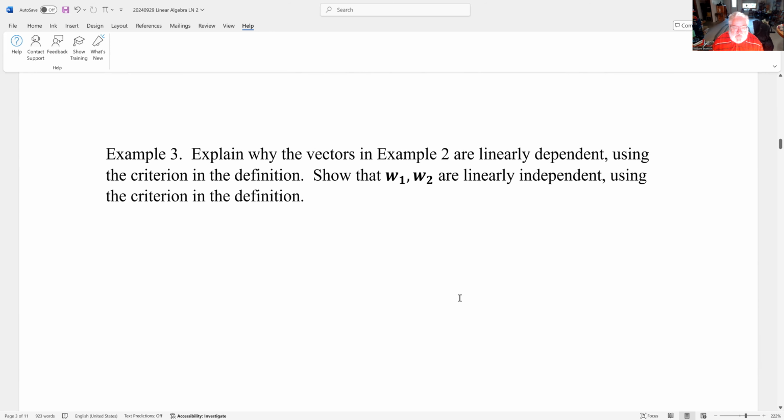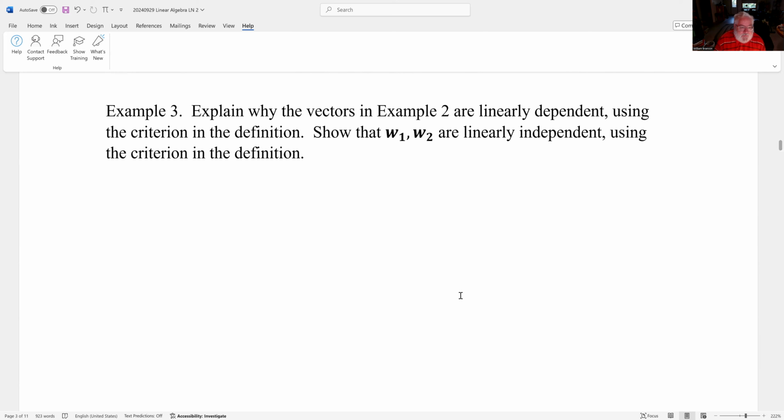So explain why the vectors in example 2 are linearly dependent. We just did that. Show that W1 and W2 are linearly independent. So that means we want to solve the criteria. The definition is that K1 W1 plus K2 W2 equals the 0 vector implies that K1 is 0 and K2 is 0.